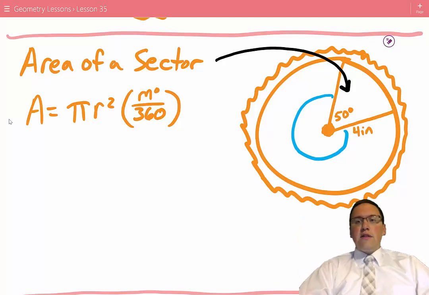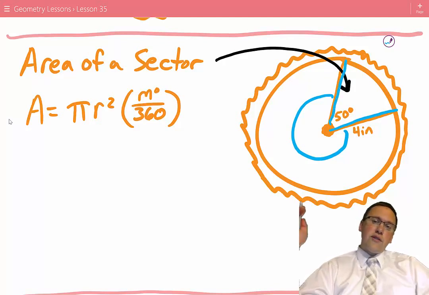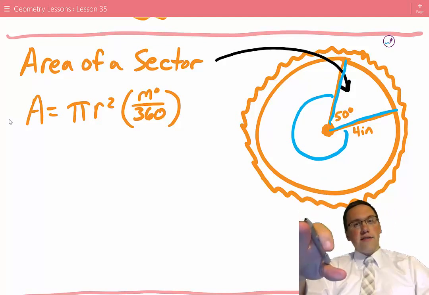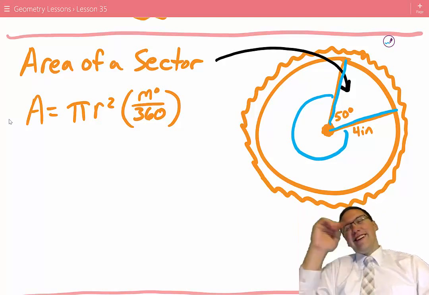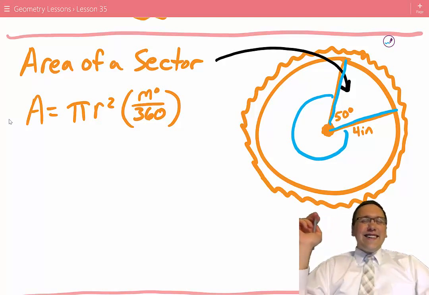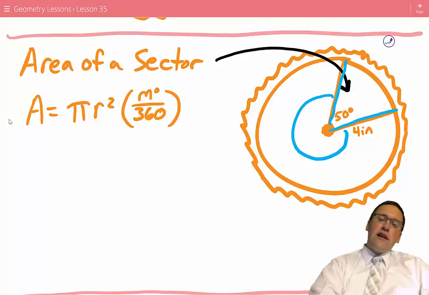So let's say that these are the dimensions of your pie slice. The radii on both sides of your pie slice are 4 inches, not counting the crust, because who eats that anyways? So if your radii are 4 and your central angle is 50, you'd do something like this.